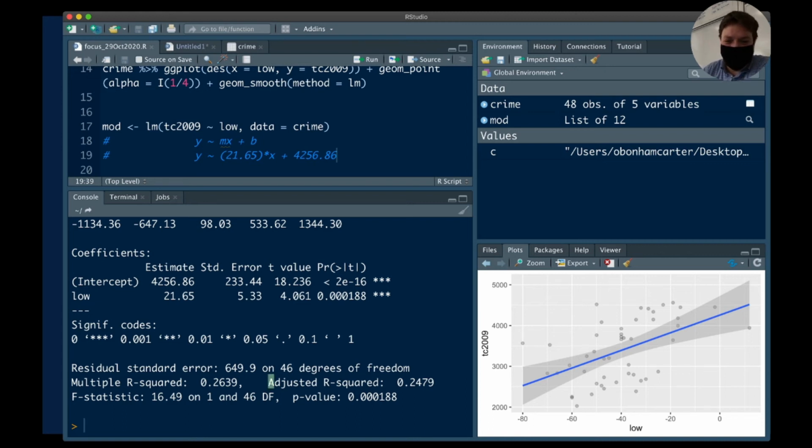It varies between -1 and 1, but the bigger the number is, the closer you are to 1, the better your independent variables are at showing how the dependent, or I'm getting all confused here. The better your independent variables are at predicting what's going to happen to the dependent variable.